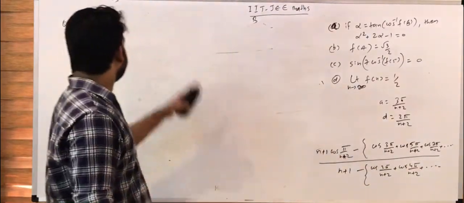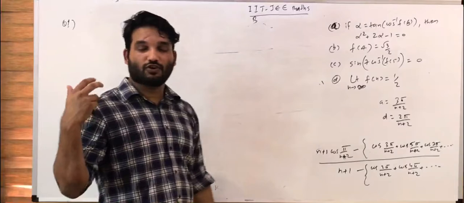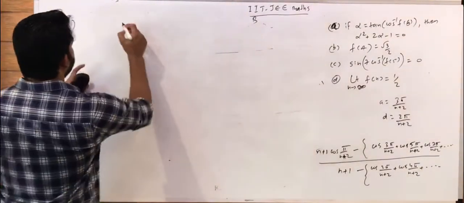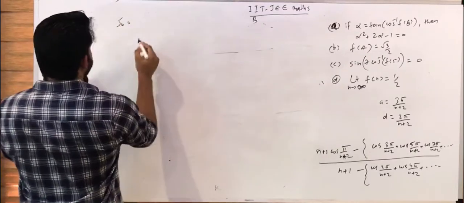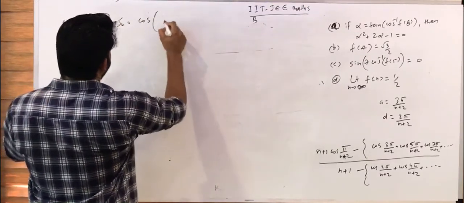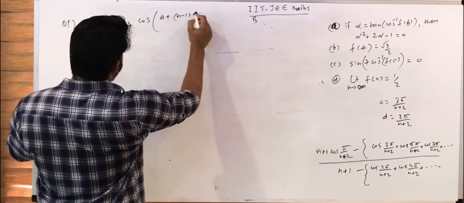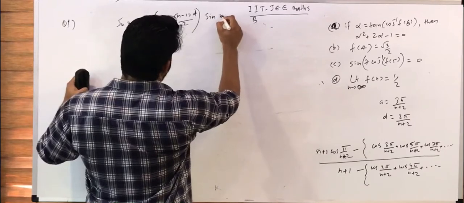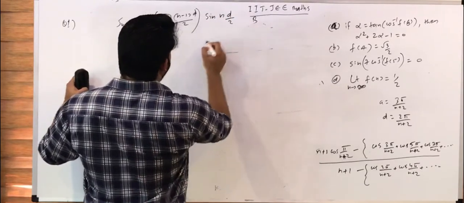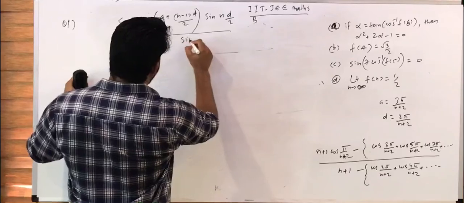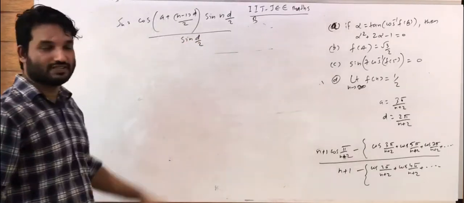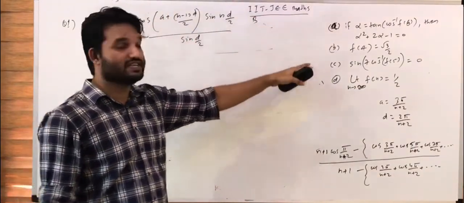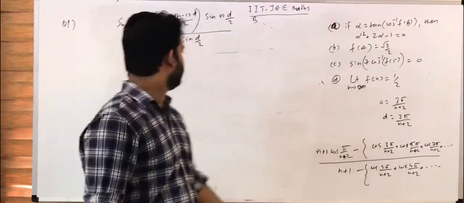So we have the formula for the sum of the cos series if the angles are in AP. The sum of n terms is equal to cos of a plus (n minus 1) d by 2, into sine of n d by 2, divided by sine d by 2. This is the formula we use for finding the cos series if the angles are in AP.